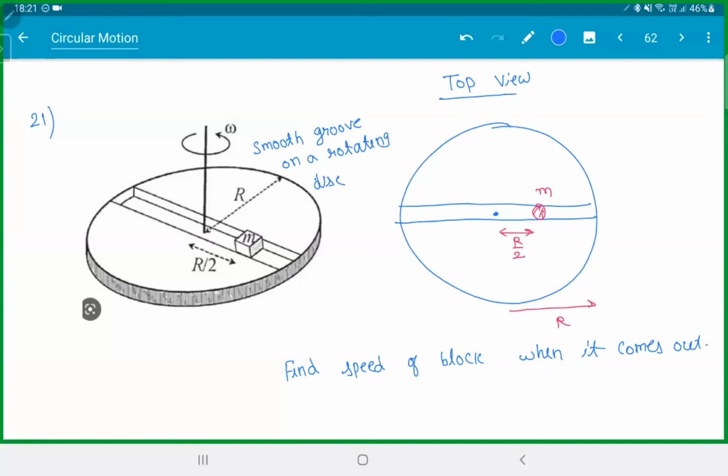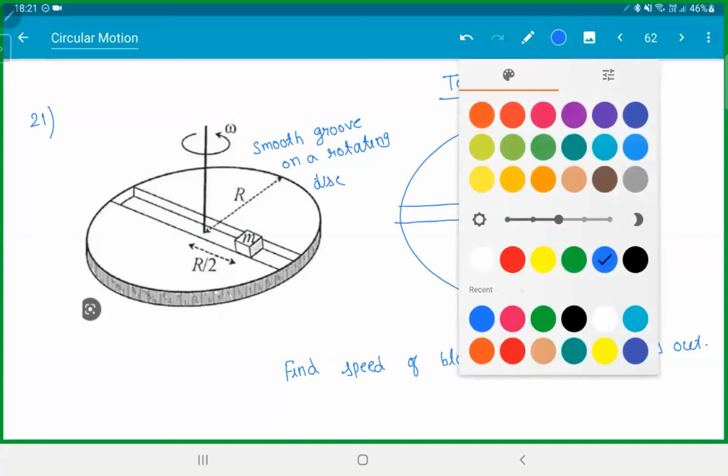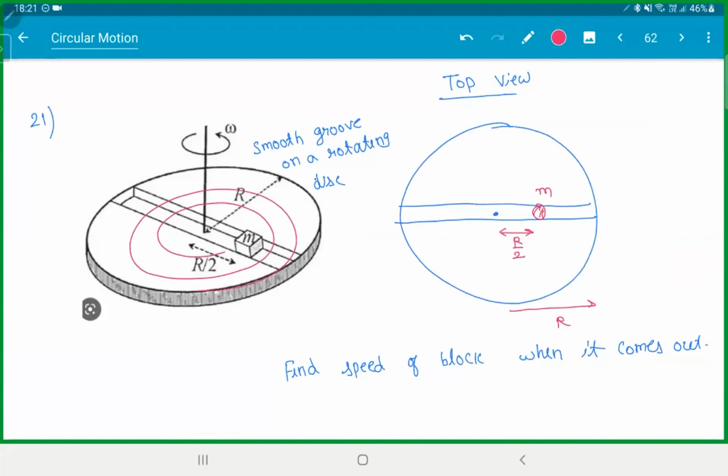Any answers? How will this thing go? As this thing comes out now, if you observe, this will actually spiral out.